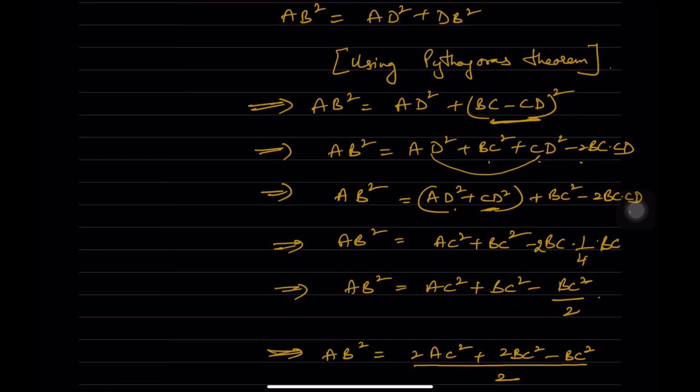So AB square is equal to AD square plus, expanding this by using the (A minus B) whole square property, it is A square, that is BC square, plus CD square minus 2BC into CD. So AB square is equal to AD square plus CD square plus BC square minus 2BC into CD, clubbing these together.